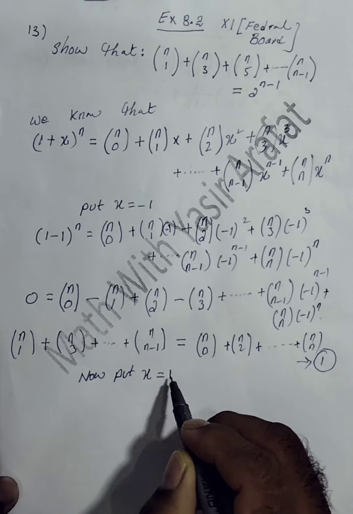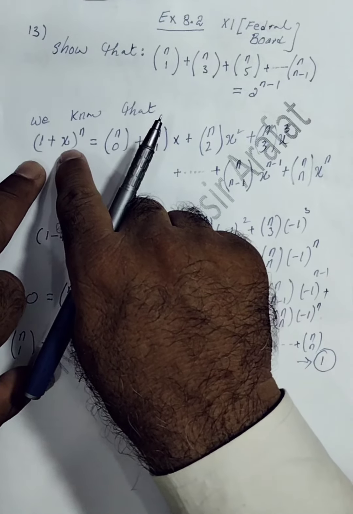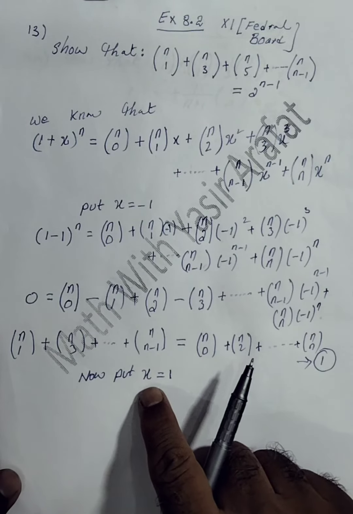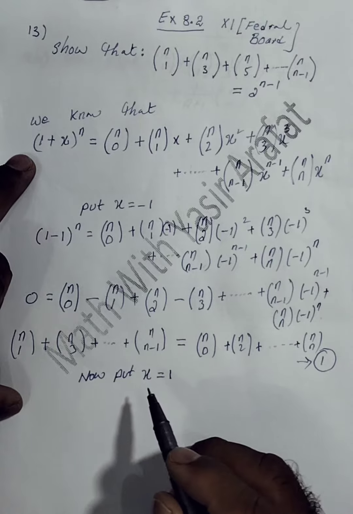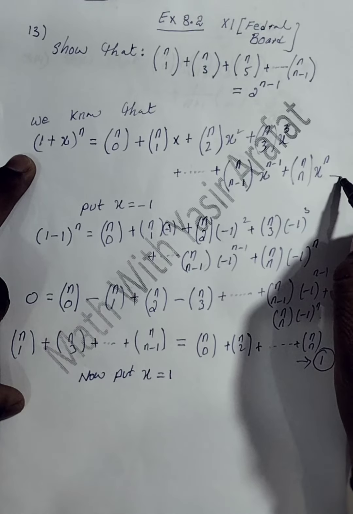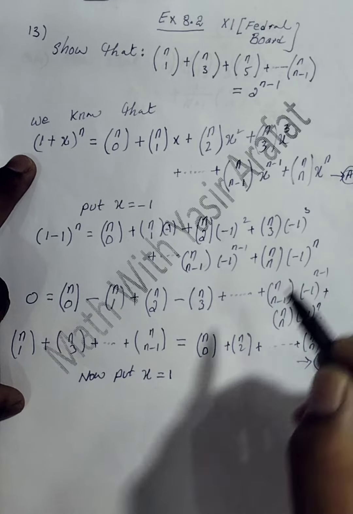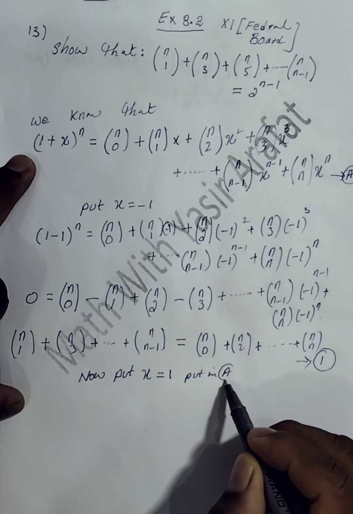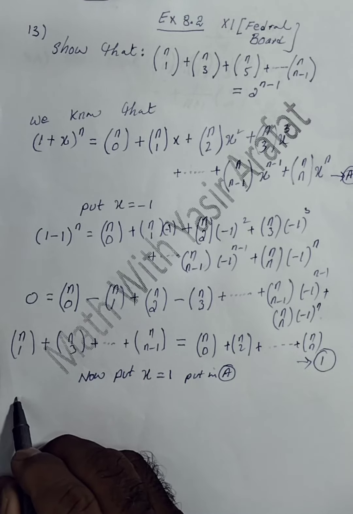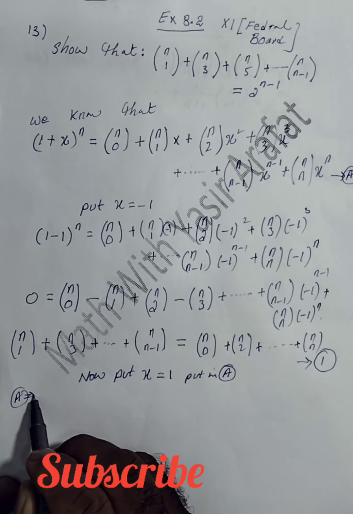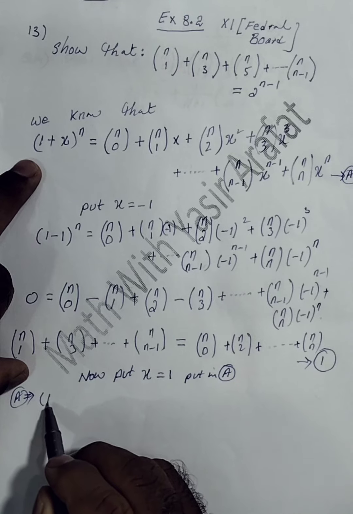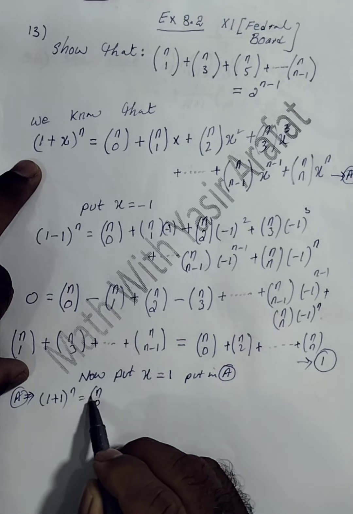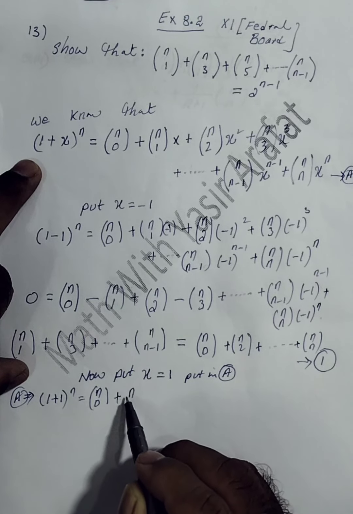Now we have to put x equals to 1 because we need 2 here. When we put x equals to 1, that becomes 1 plus 1 is 2. That is why we put x equals to 1 in equation A, the basic formula. So (1 + 1)^n equals nC0, nC1.